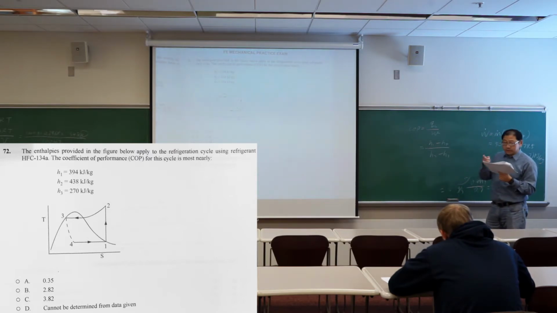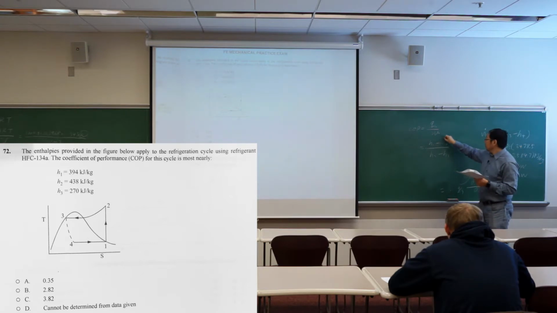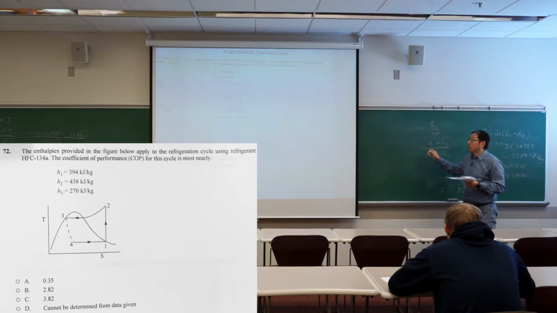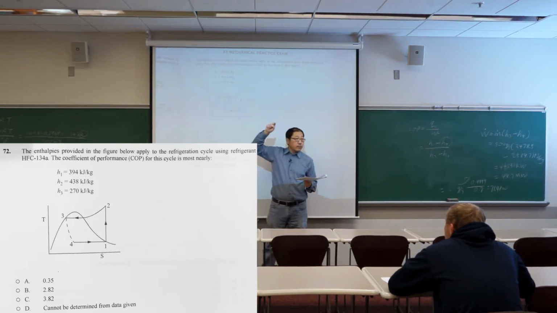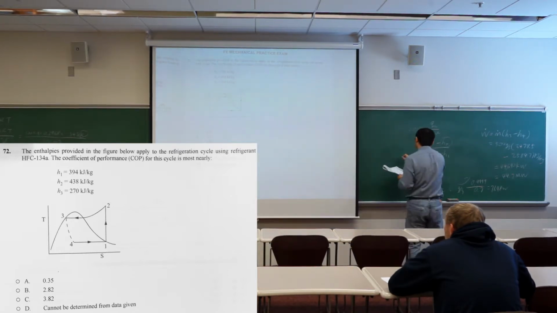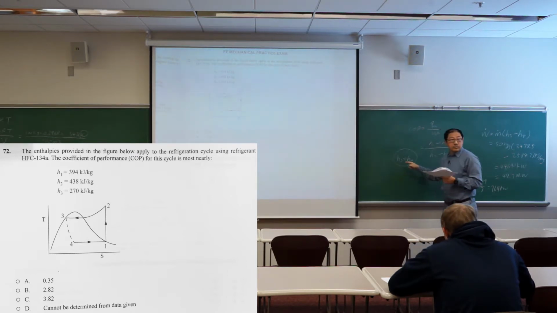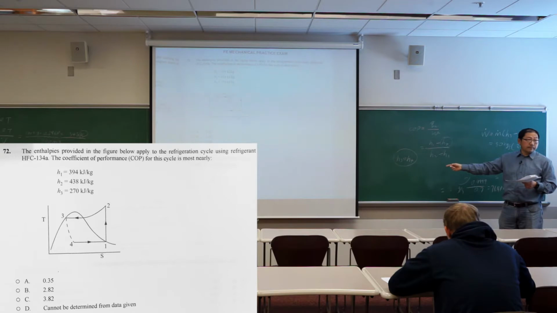And you do realize H1, H2, H3 are provided. And here, you need to have H4. How do you find H4? Three to 4 is the expansion valve, so H3 equals H4.